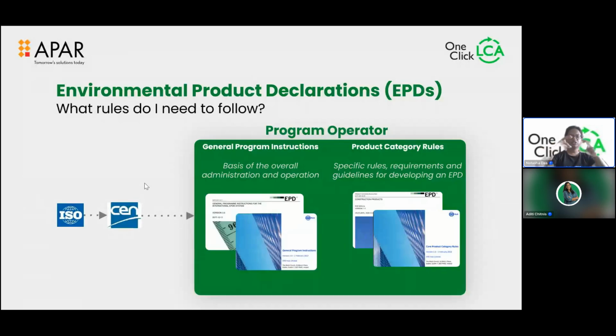Once you have EN 15804, there are multiple program operators. A program operator is basically a body, and there are probably 50 of them right now. It tells you how to produce your EPD and what the rules are to produce your product's EPD.